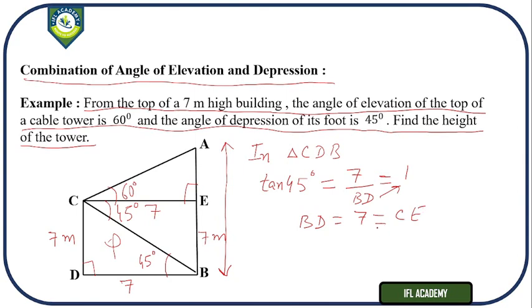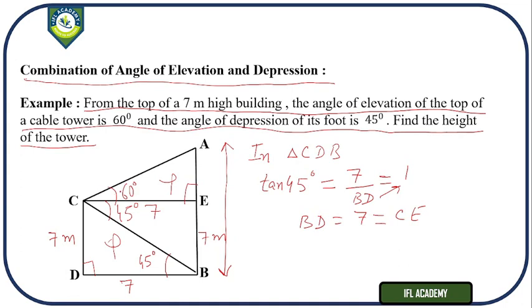Now in right angle triangle AEC, this triangle, again apply tan 60 degree. Tan 60 degree will be equal to perpendicular AE upon base CE.